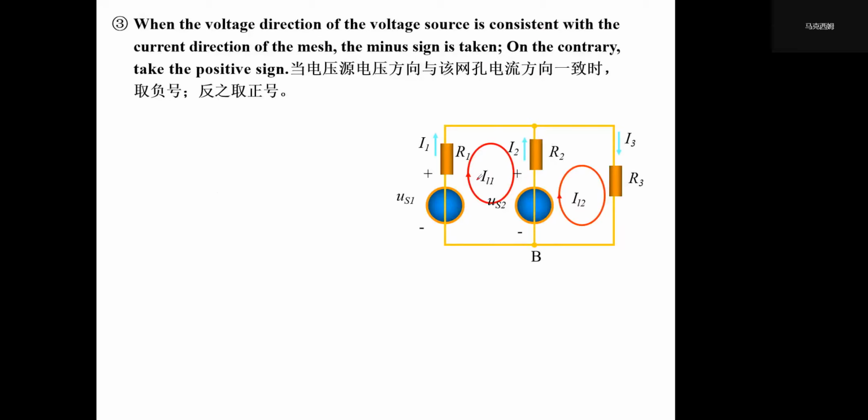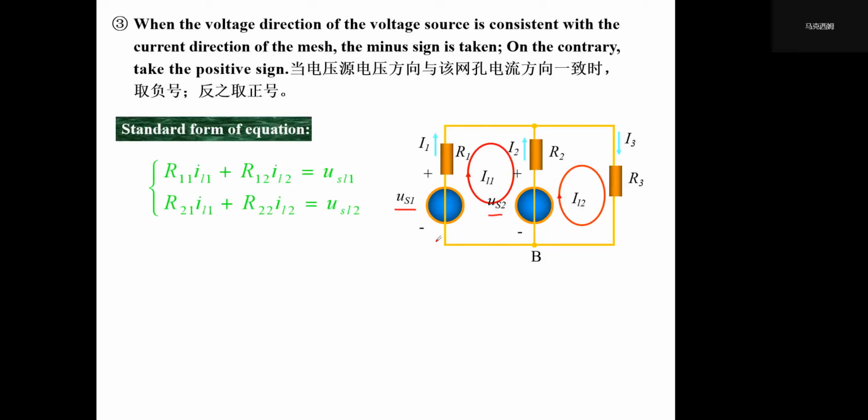The IL1 is associated with the first voltage source, so we give it a negative sign. The other gets a positive sign because the current is associated with the second voltage source and is in the opposite direction of the reference direction of voltage source 1.